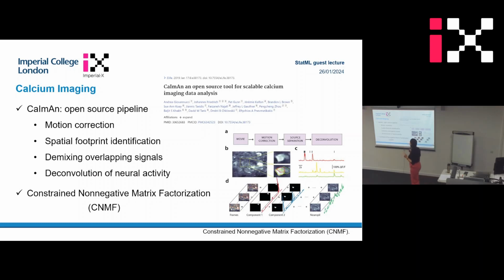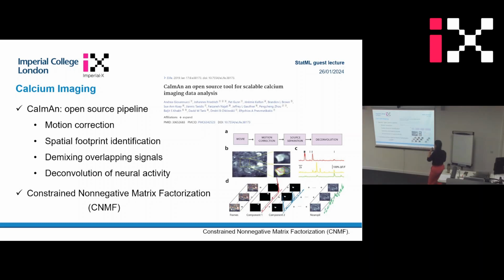So you first do some motion correction, some denoising, then you identify where the cells are and demix overlapping signals. That's important because in this example, it might not look like much to you, but it's 3 cells, one on top of the other. And the software is able to extract each of these 3 cells and what they are doing.